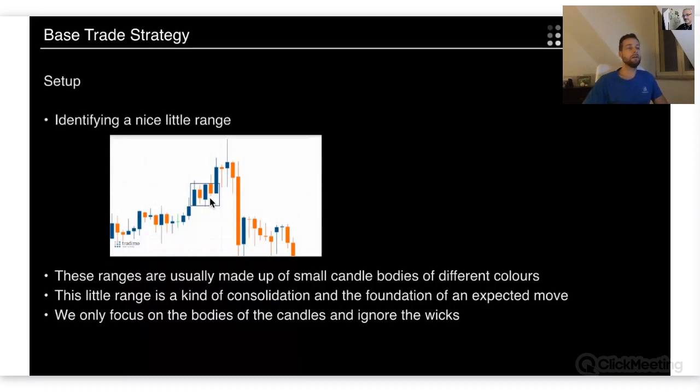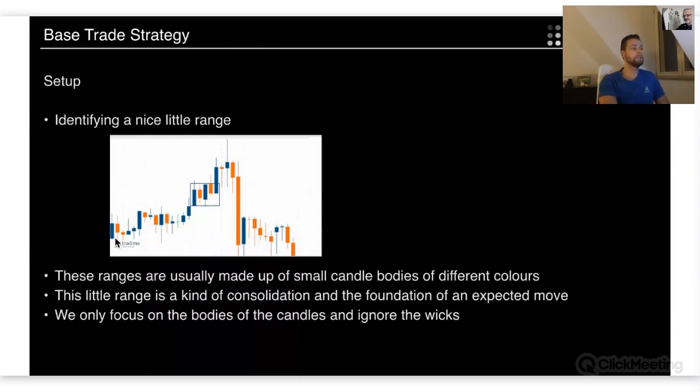This is not very important, but it is good if the market goes up, down, up, down, up, down again, because then it is a range: the market goes sideways and not in just one direction. This little range is a kind of consolidation and the foundation of an expected move.